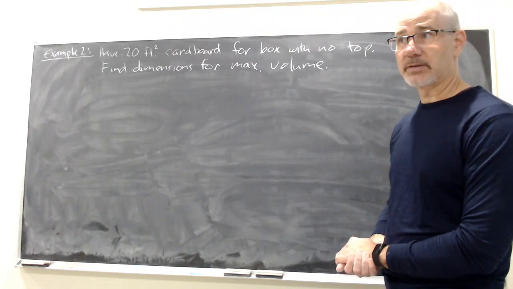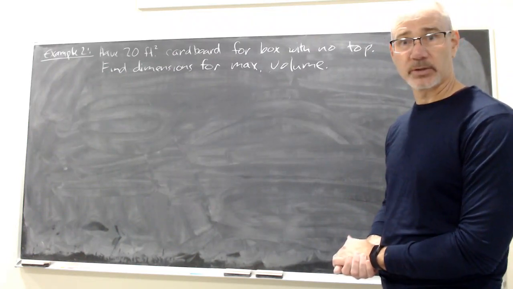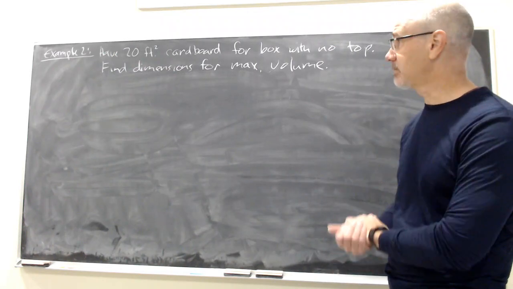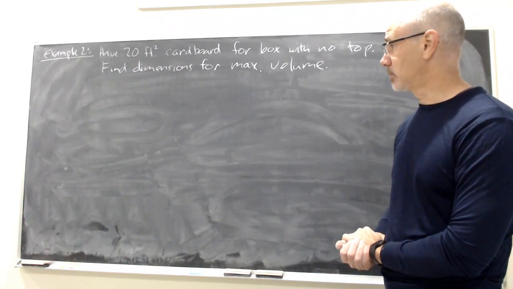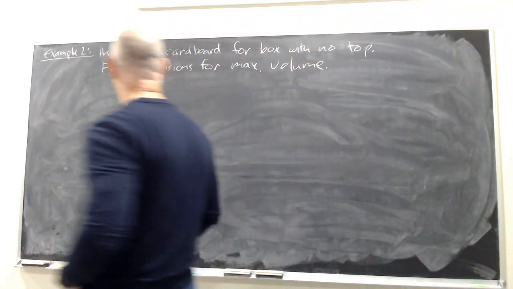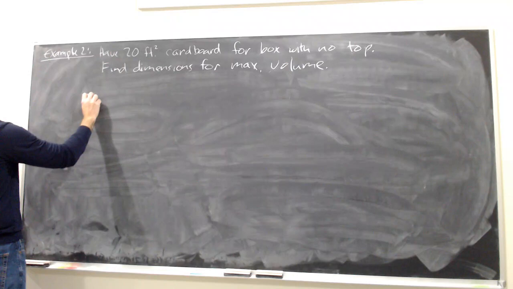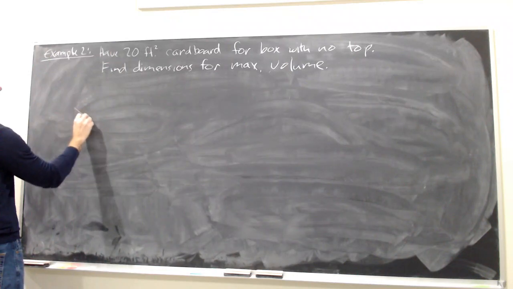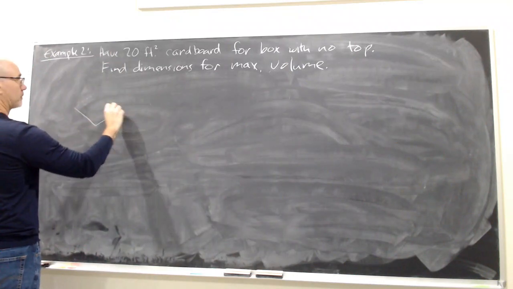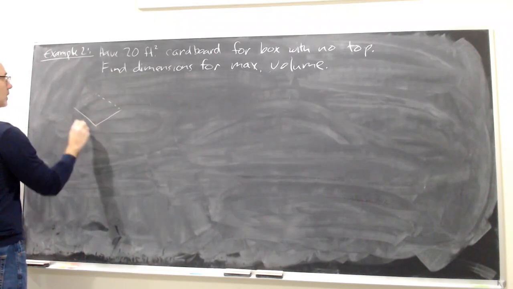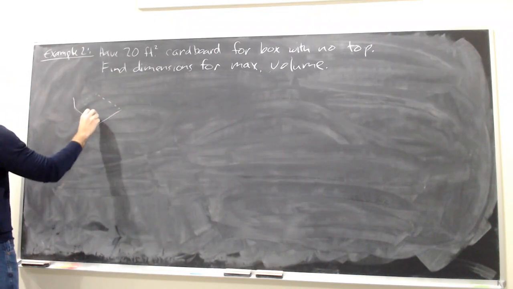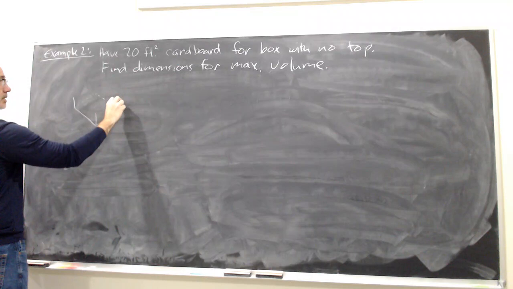So we need to think about getting a picture for this situation. All right, so I'm going to sketch a picture up on the board and see how this goes. So I want a square base. Here are my sides.